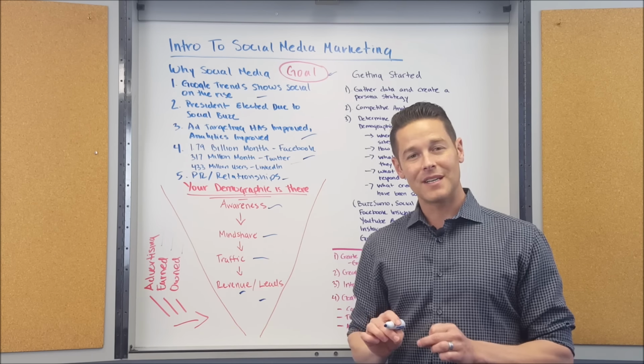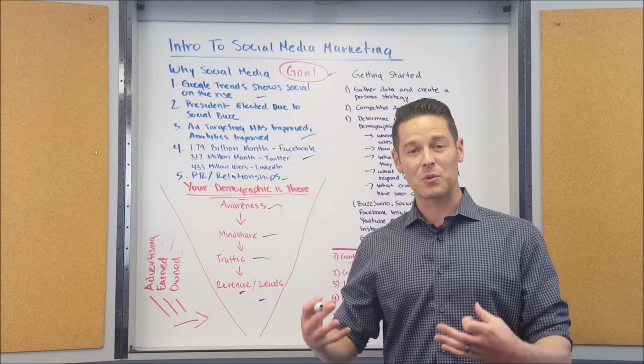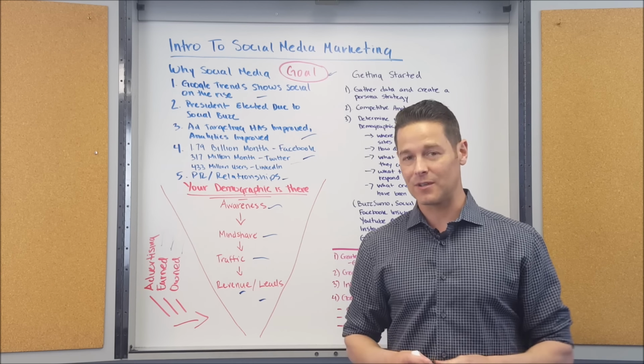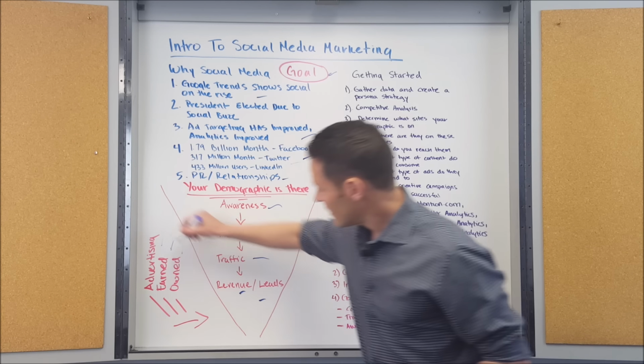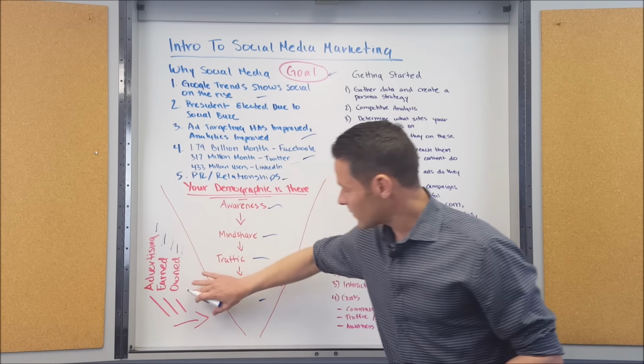Earned is basically community growth, blogging, creating great content, tagging, interacting with other people, following, unfollowing, and liking people's things. That earn side is very hard to do and takes a lot of time, much like SEO, where you have to earn your rankings, whereas you could just be running paid at the very beginning. So advertising and earned, and then people forget a lot about owned.